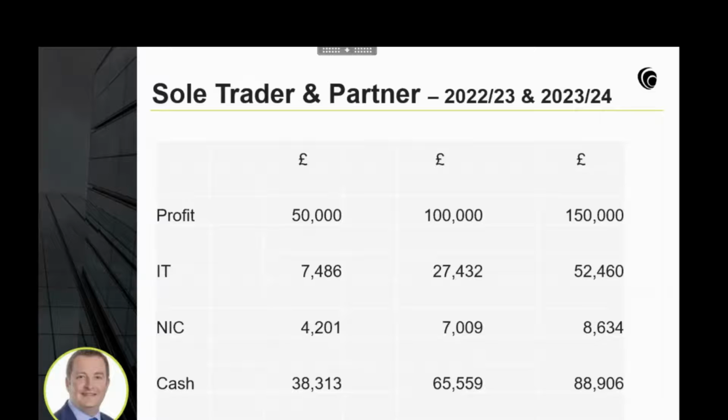And the conclusion is that the tax year 2022-23 is essentially the same as before. A company provides a marginally cheaper effective tax rate, but if you're looking to retain profits in a company, potentially the higher NIC rate is a reason to incorporate.